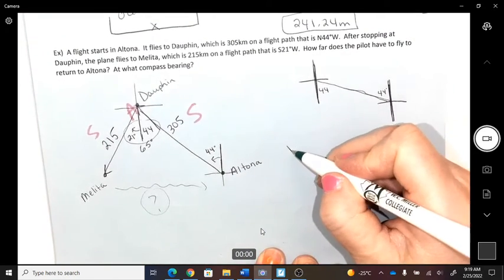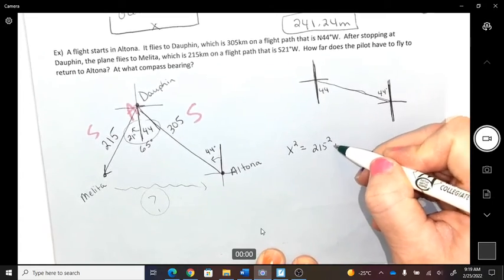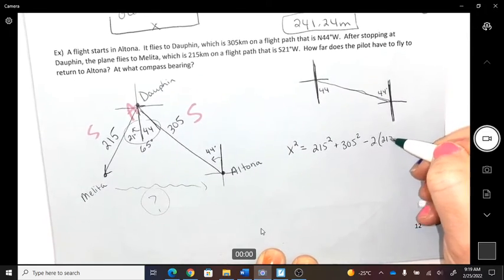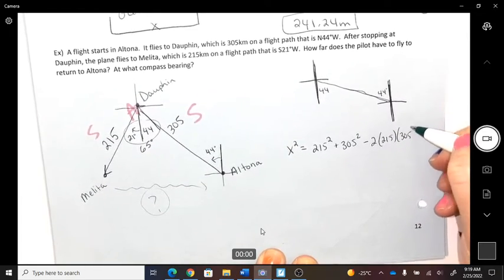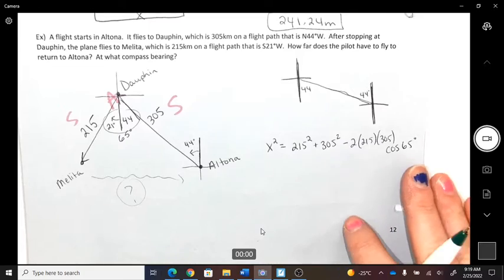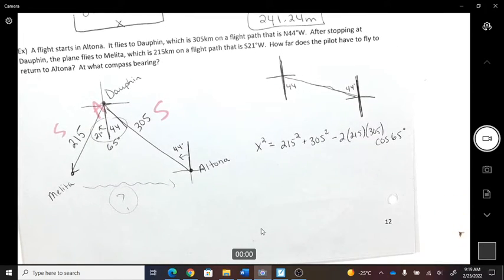Okay, so x squared equals 215 squared plus 305 squared minus 2 times 215, 305 cos of 65 degrees. So there's the cosine law with the SAS. Okay, don't forget to square root your answer there.